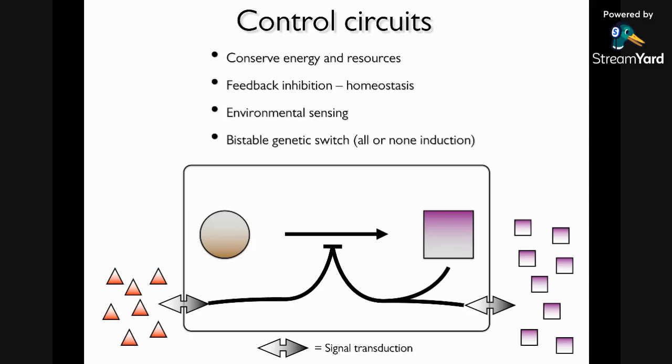And the example that we'll come across in future lessons, looking at lactose specifically, lactose is represented by the purple box here. It is a useful energy substrate, but the preferred energy substrate for bacteria is glucose. It is more energy rich.